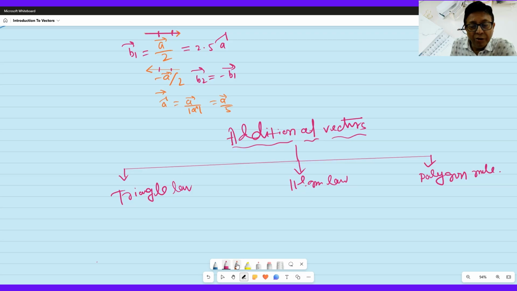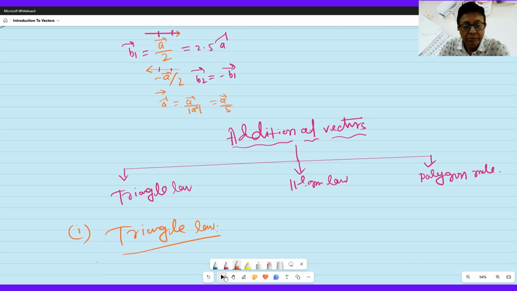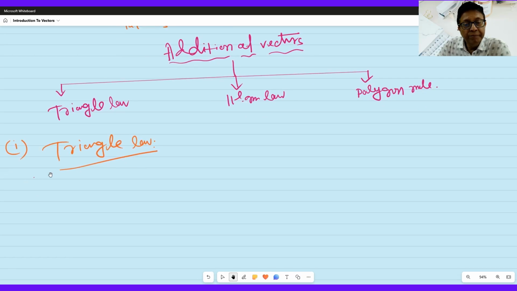What is triangle law of addition of two vectors? Number one, triangle law. What is that? There are two vectors initially.